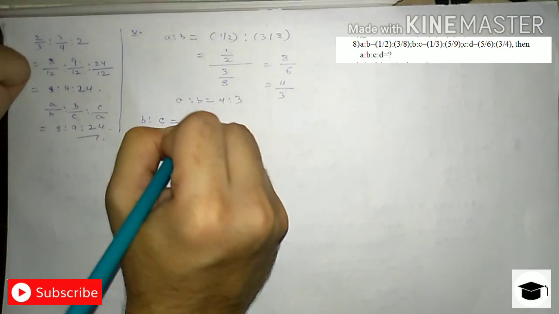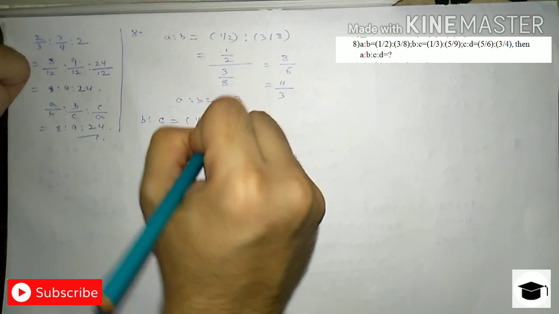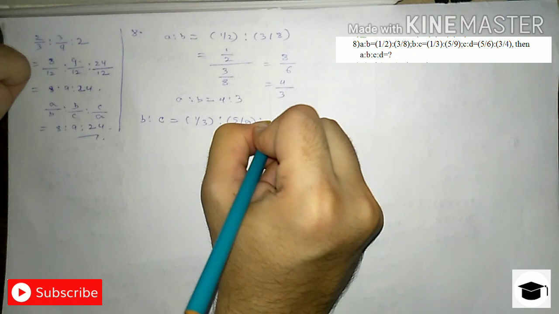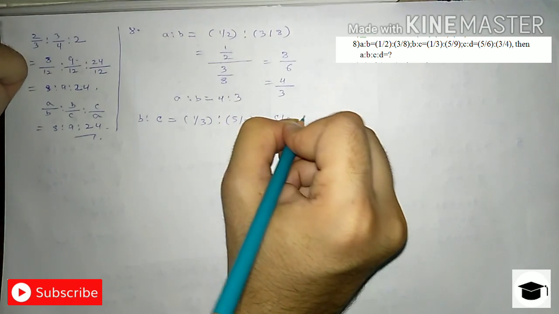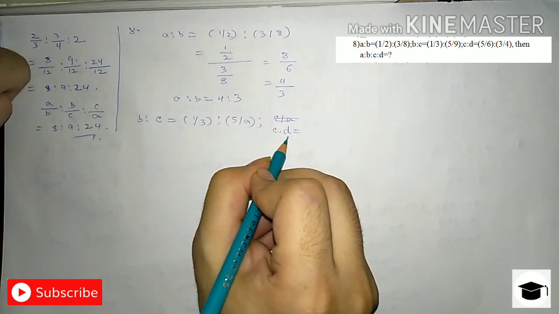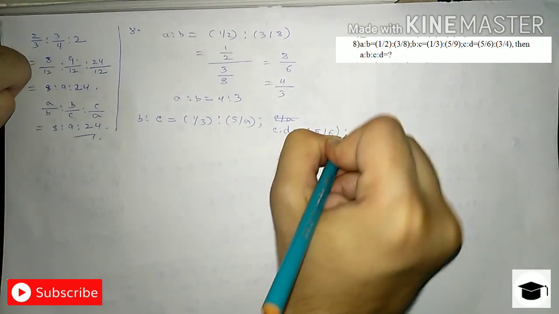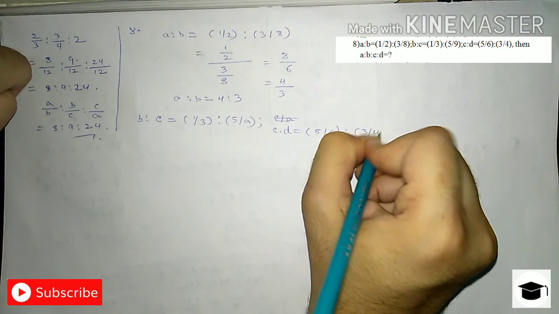B is to c equal to 1 by 3 is to 5 by 9 and c is to d equal to 5 by 6 is to 3 by 4.